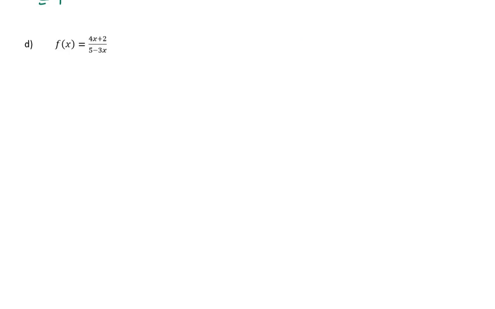Question D. f of x equals 4x plus 2 over 5 minus 3x. Can I simplify? Well, this is a linear over a linear, which means unless there's going to be a common factor on the top and the bottom, I can't cancel anything. I don't think the top can factorize, and the bottom can't either. And so there's no way this can simplify.